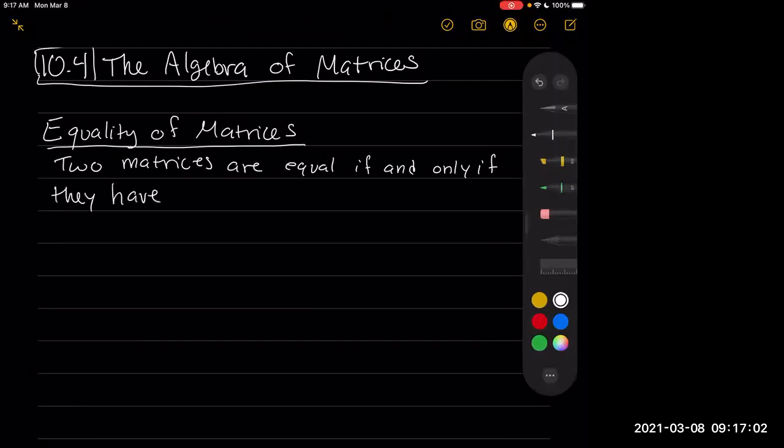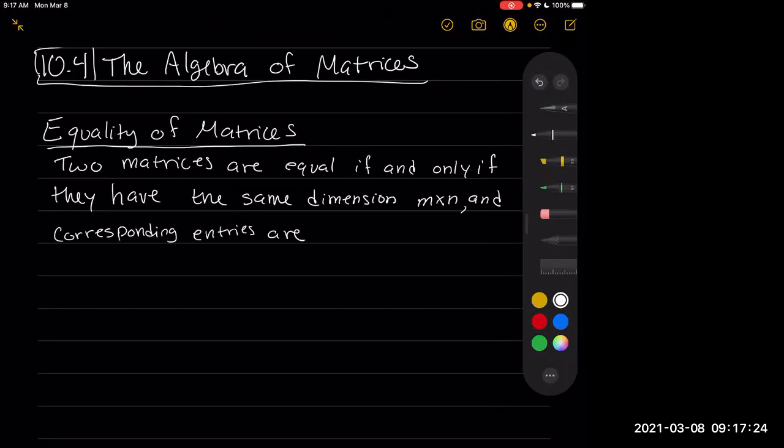They have the same dimension, m by n, and corresponding entries are equal. And so that is every Aij entry equals Bij, where Aij is the entry corresponding to the ith row and jth column, similarly for B.